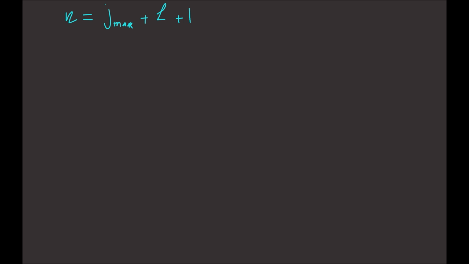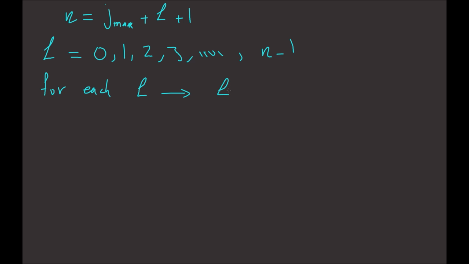From this equation we have l must equal 0, 1, 2, 3, all the way to n minus 1. For each l, we have 2l plus 1 m values.